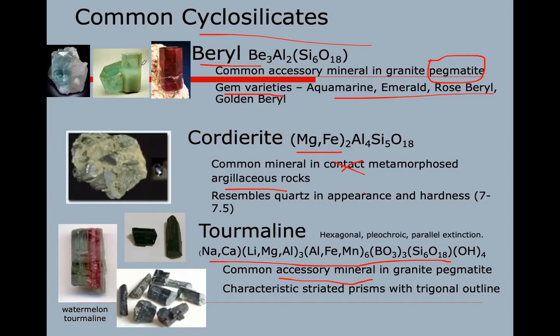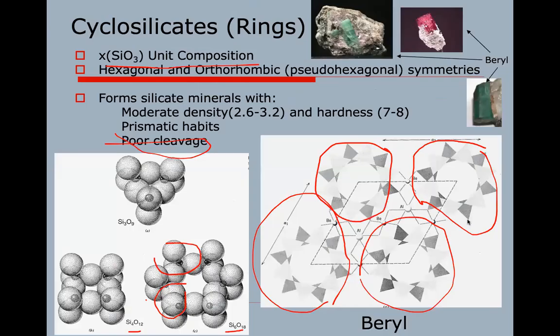So under cyclosilicates, you can have beryl, cordierite, tourmaline as some examples. So these are ring silicates. Remember, they have a ring type structure as their building structure.